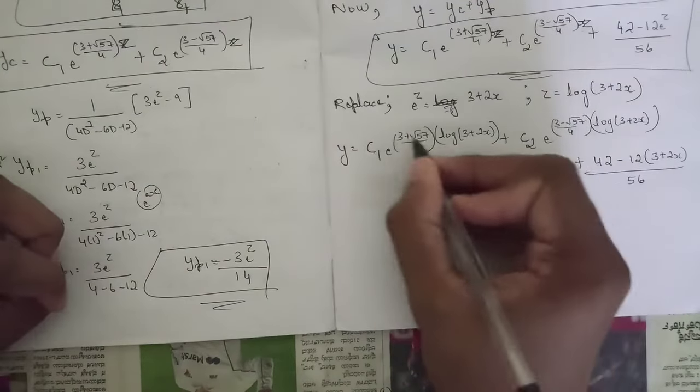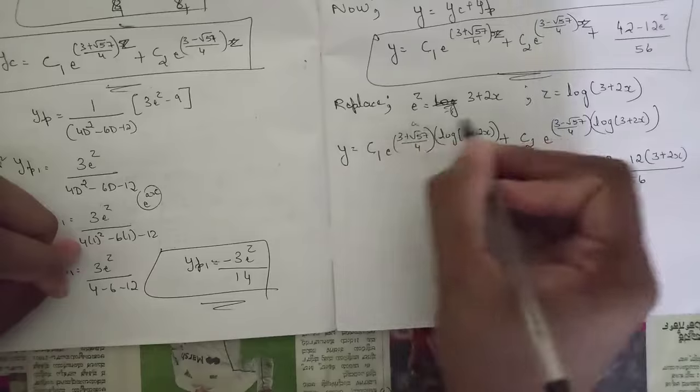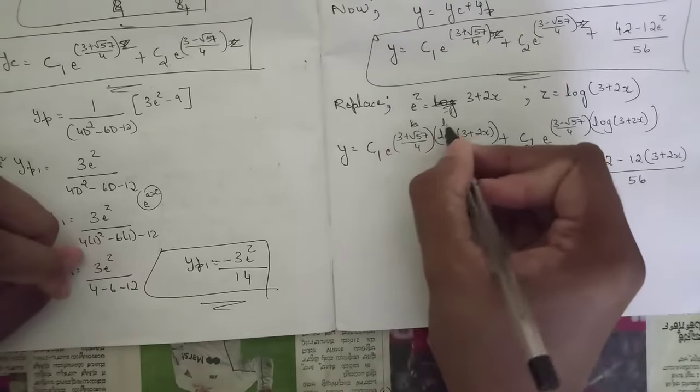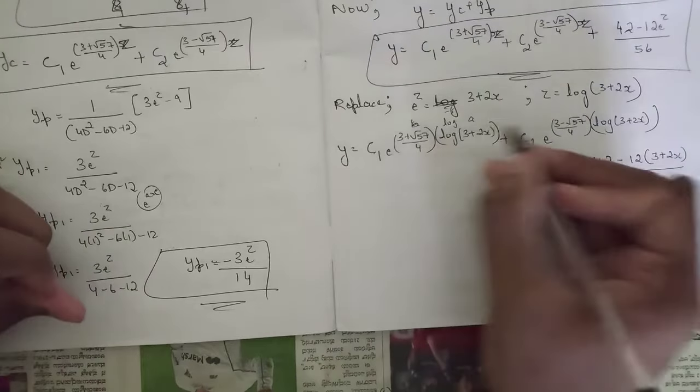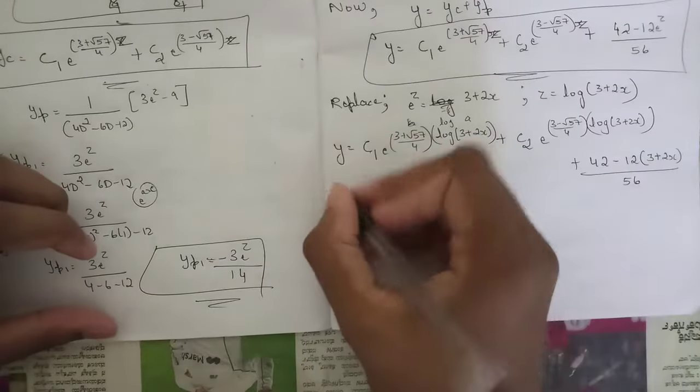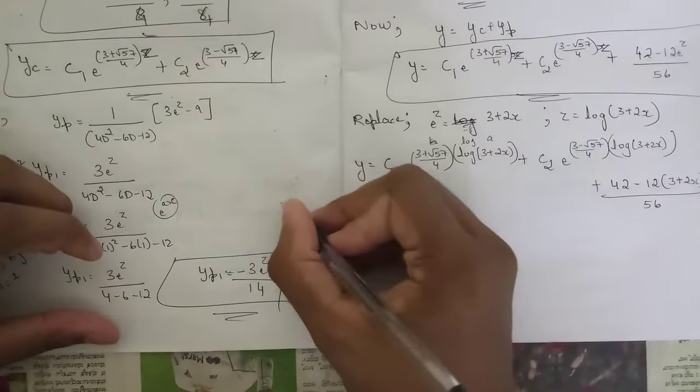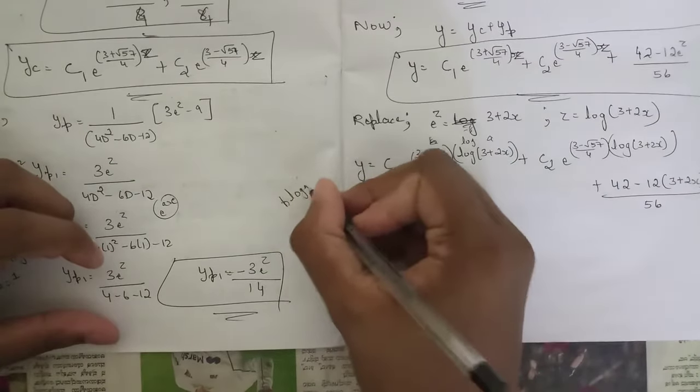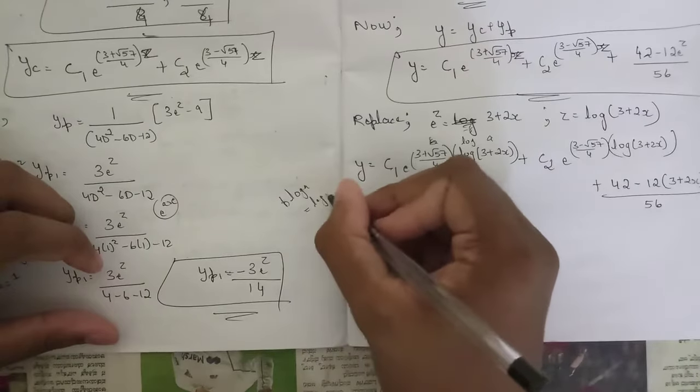Since there is log and this is again of the form b log a, we know that b log a is equal to log a power b.